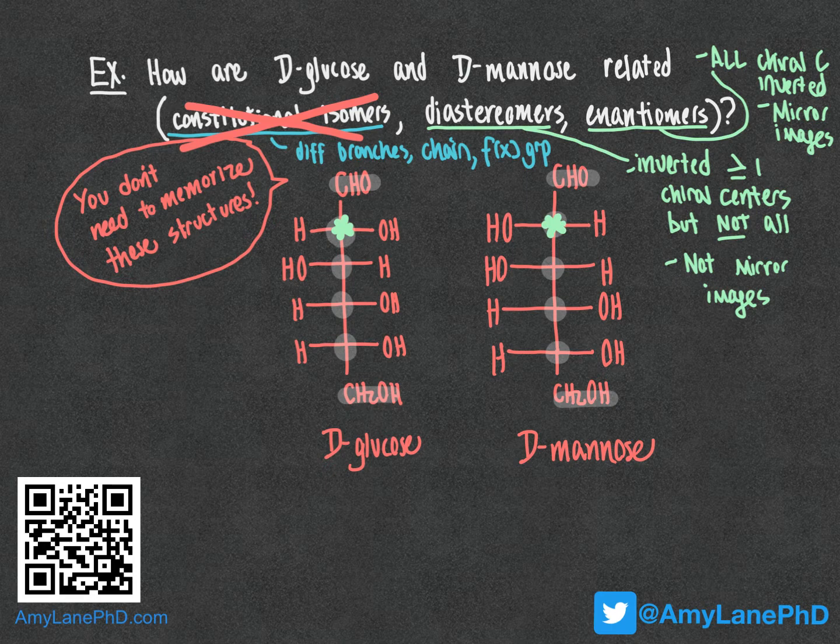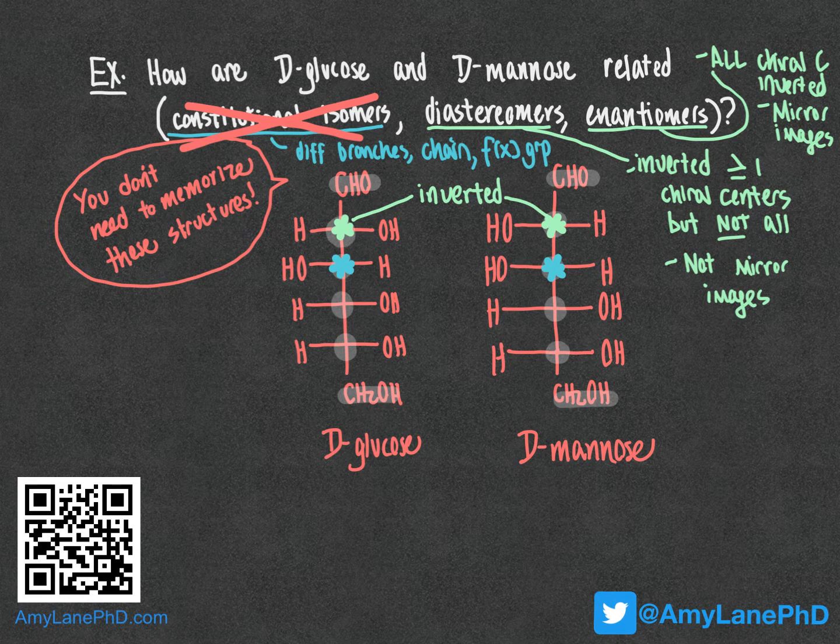So taking a look here, we have our chiral center here versus here. That's our first chiral center as we come down the chain. OH group is on the right, versus OH group on the left, that means that that position has inverted. So I'm just going to label that as an inverted chiral center there. Coming to the next position in our chain here, start in blue versus here, that position has not inverted because the OH group is on the left here, and at that corresponding position in D-mannose, the OH is also on the left.